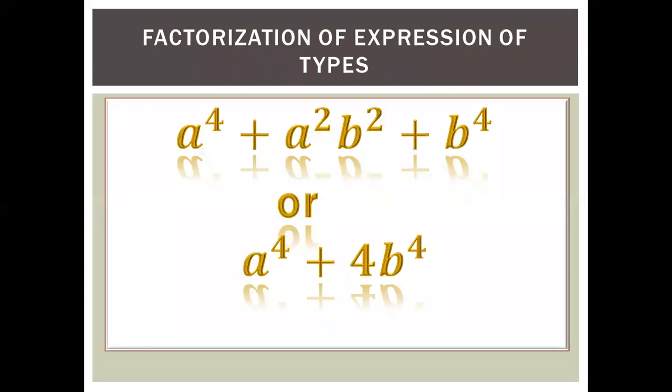But we have a new method, not a formula, and this is called the completing square method. We have a4 plus a square b square plus b4, or a question of this type, a4 plus 4b4. Sometimes in the question three terms are given but they are incomplete, and sometimes there are only two terms but they have the power of 4. Both variables a and b will have 4 powers.